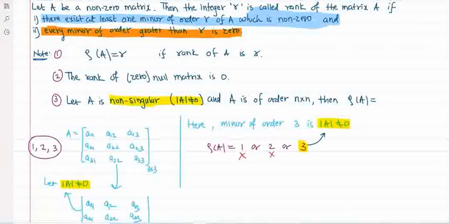So if A is a non-singular matrix, with determinant of A non-zero and order n by n, then the rank of A is n. Remember this for multiple choice questions: if A is a non-singular matrix, whatever the order of the matrix, the rank is that order only.